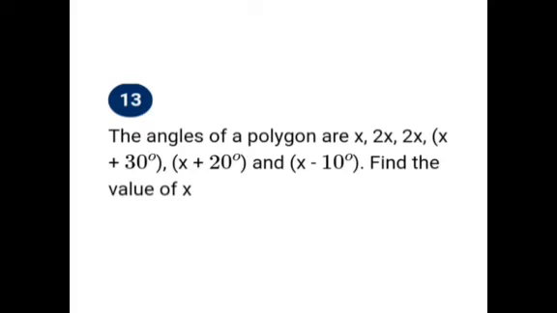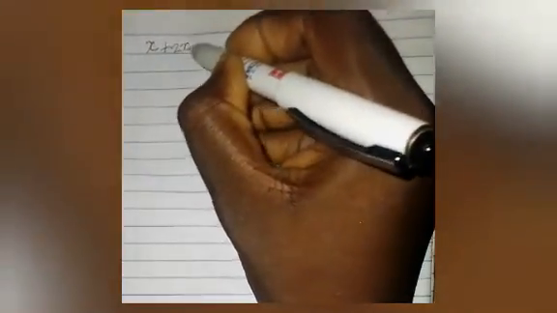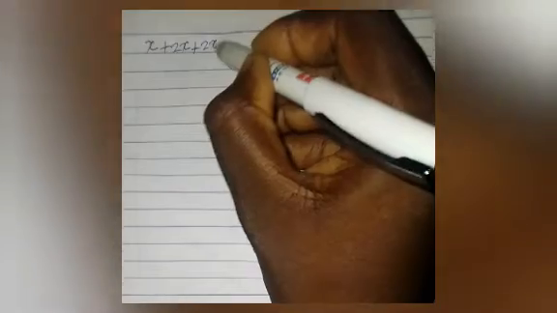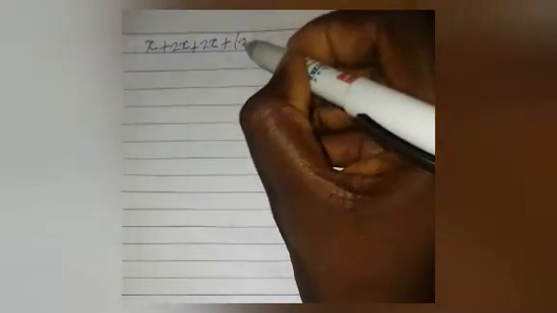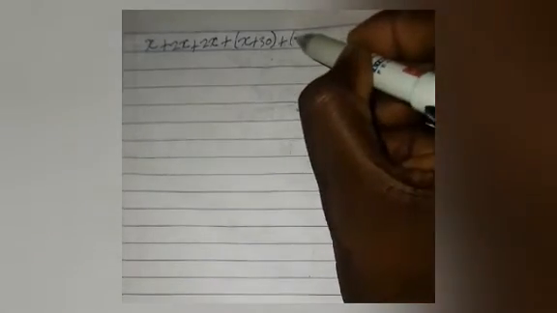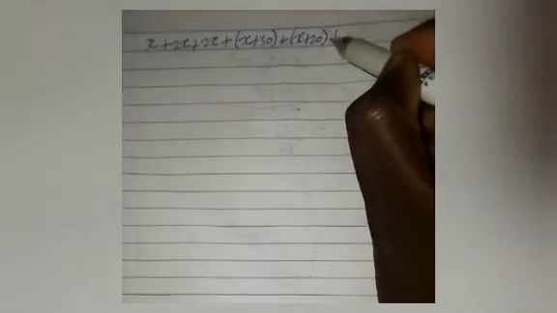Find the value of x. x plus 2x plus 2x plus x plus 30 plus x plus 20 plus x minus 10 is equal to n minus 2 times 180.